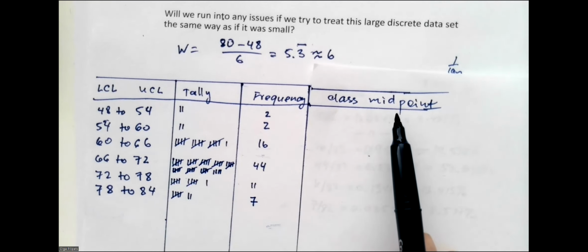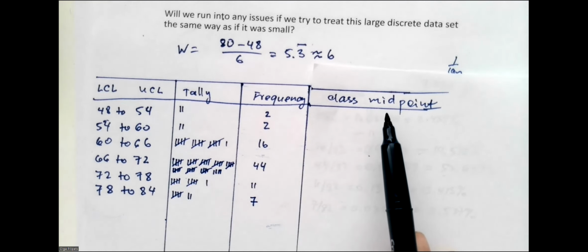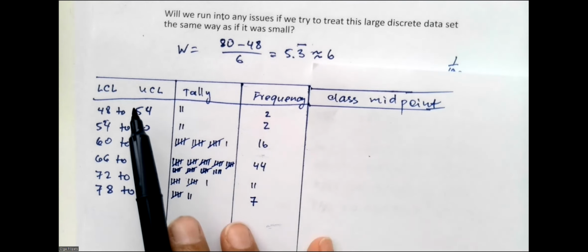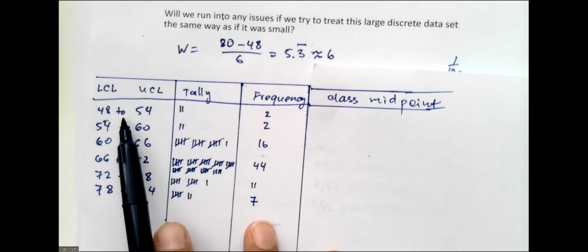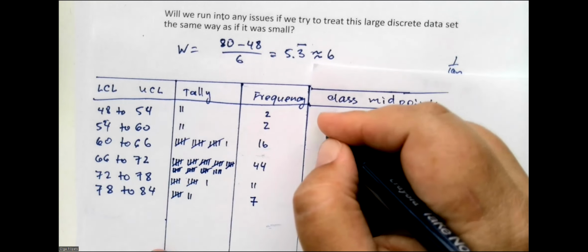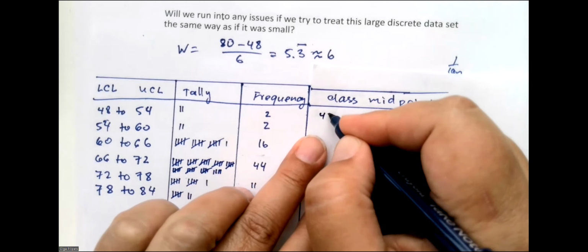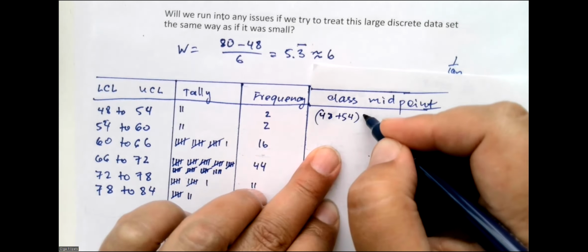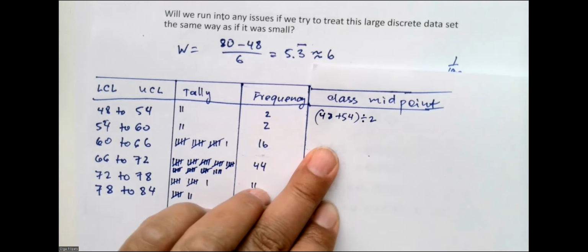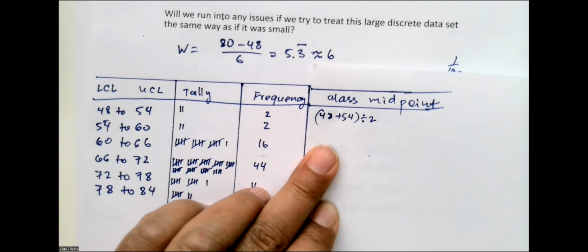The class midpoint is what it says it is. It's the midpoint between the lower class value and the upper class value. So for the first class it is going to be 48 plus 54 divided by 2. Let's figure out what it is.